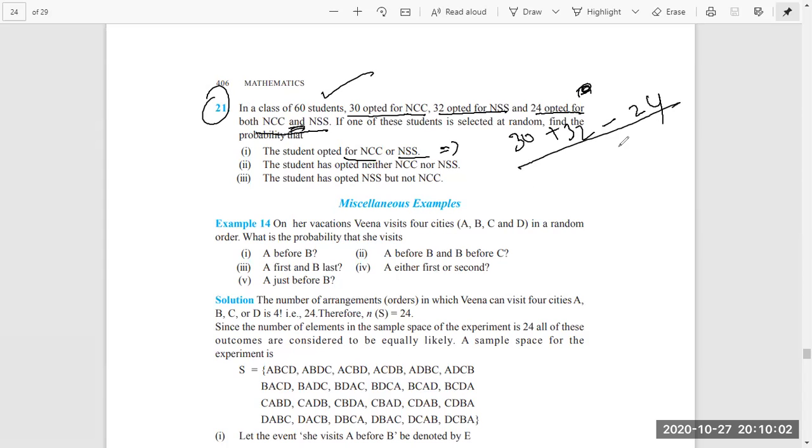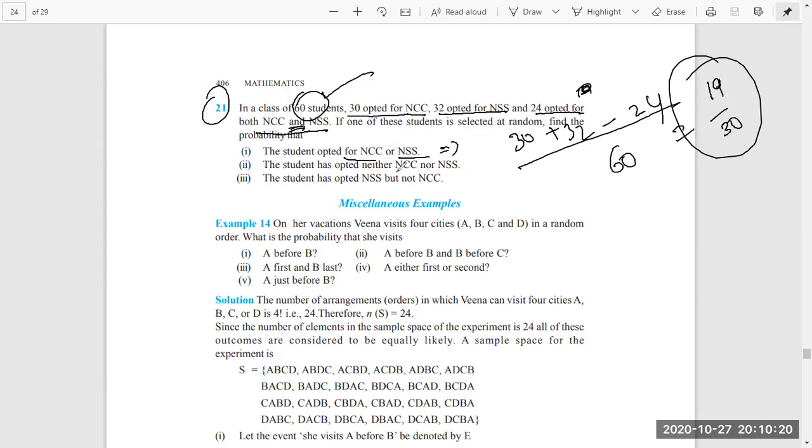That should be divided by the total number of students, 60, the sample space. So it is 19 by 30.